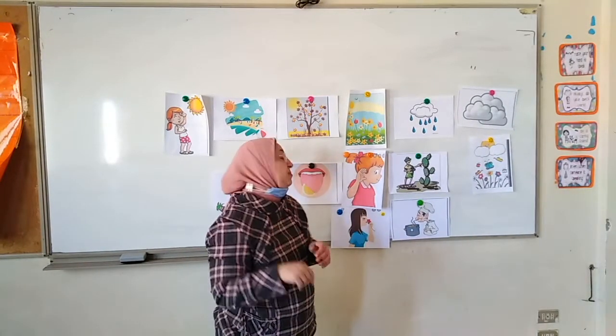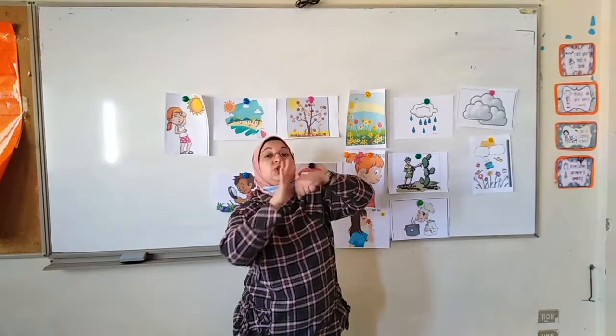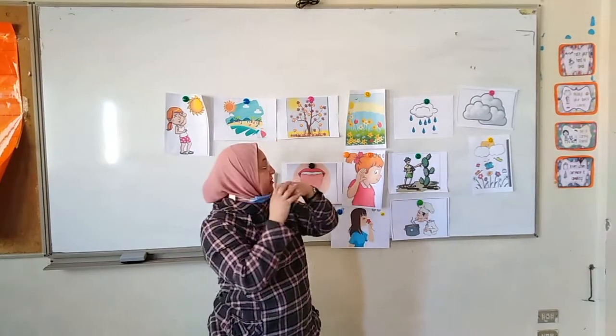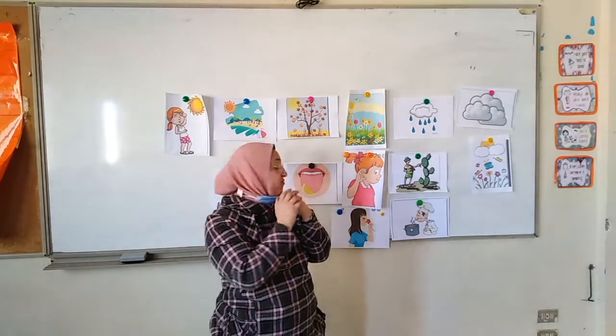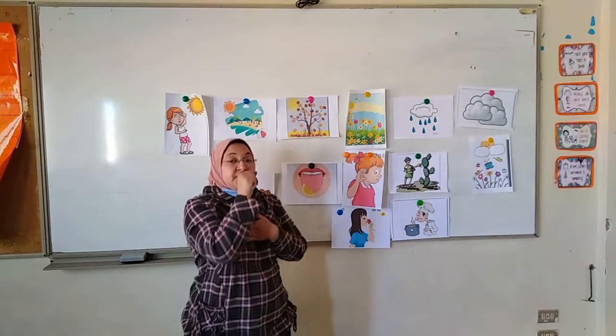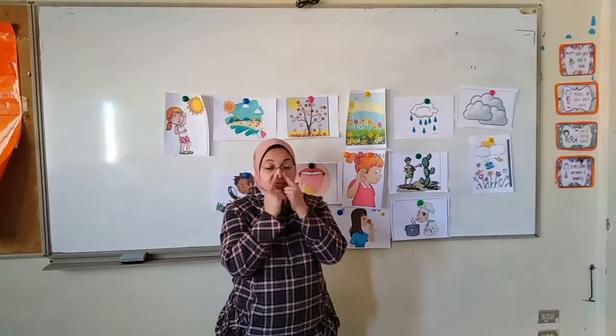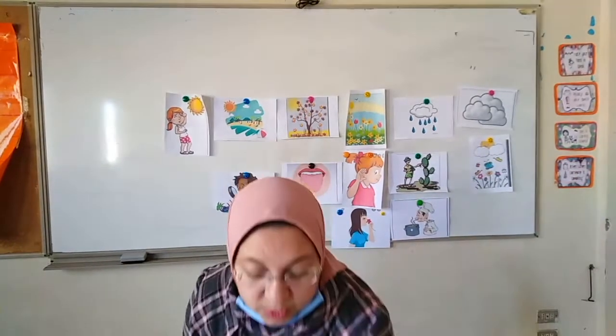I can hear with my ears. What about this one? Touch. To touch the things. I can touch with my hands or with my fingers. Okay? Then the last one. Smell. I can smell with my nose. So let's revise them here.